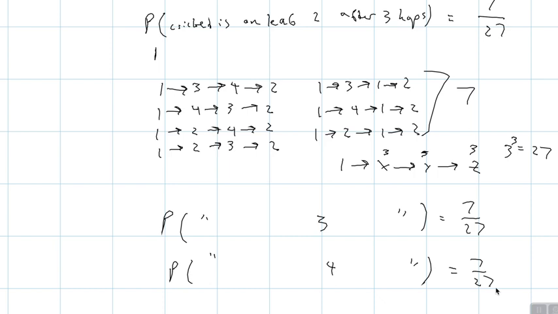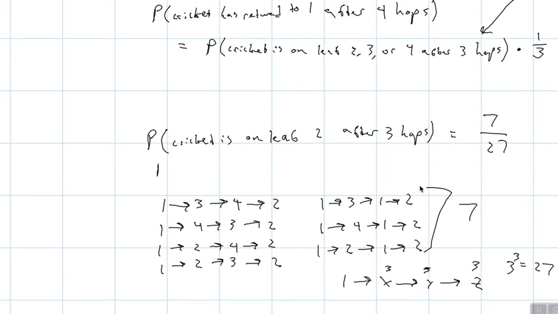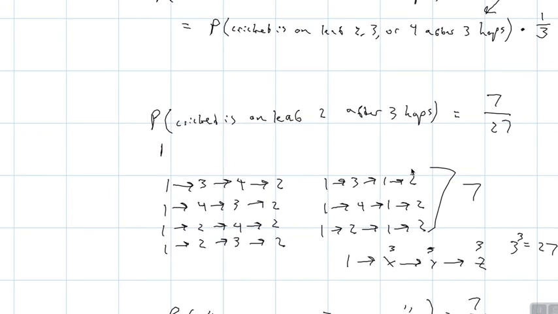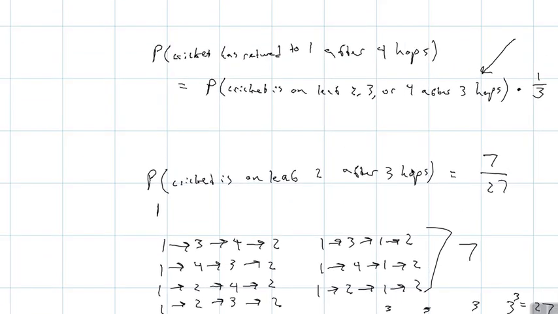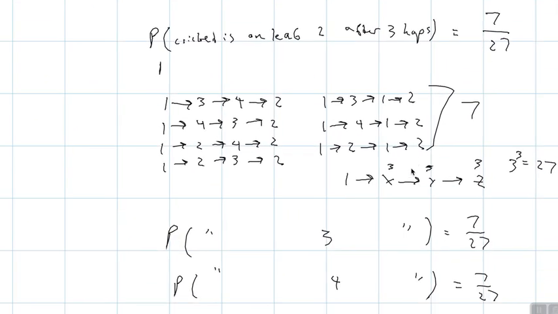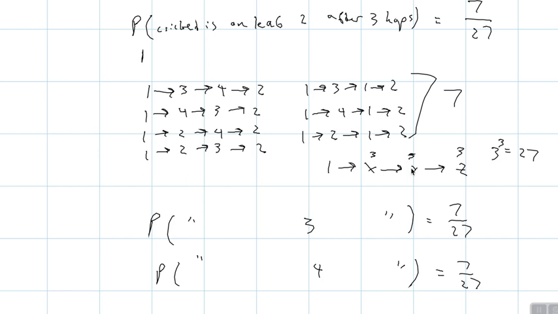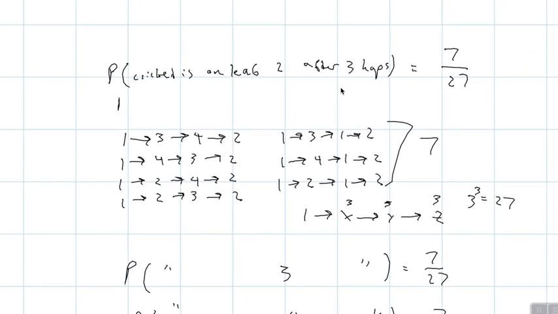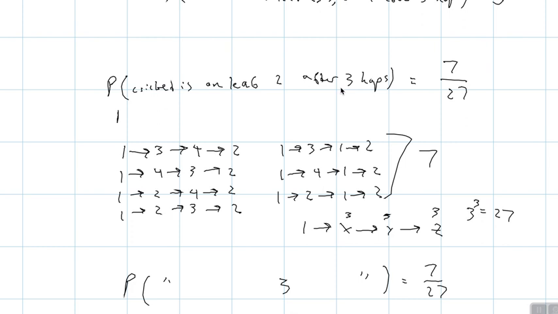And so being on either leaf 2, 3, or 4 after 3 hops, that probability is 21 over 27.